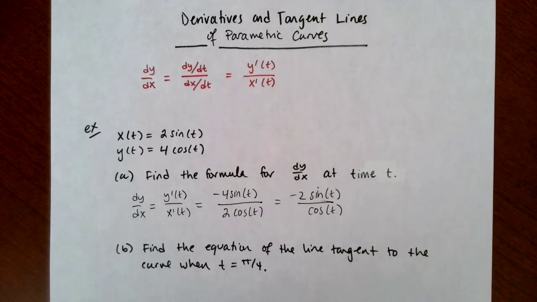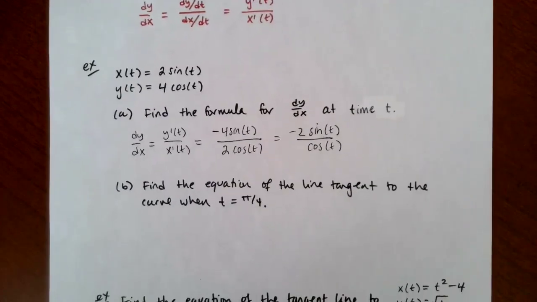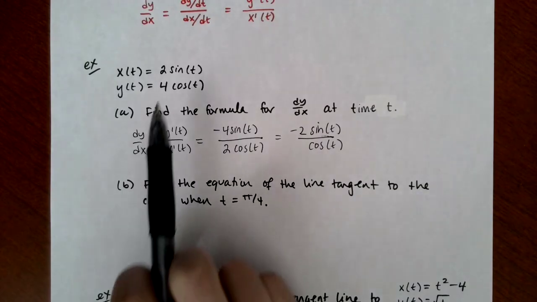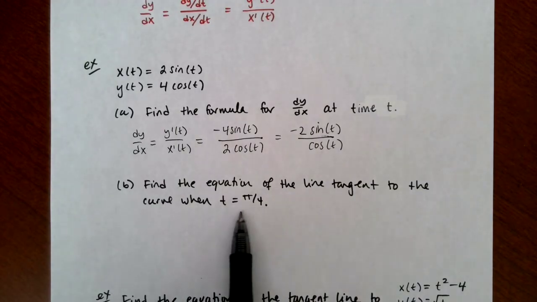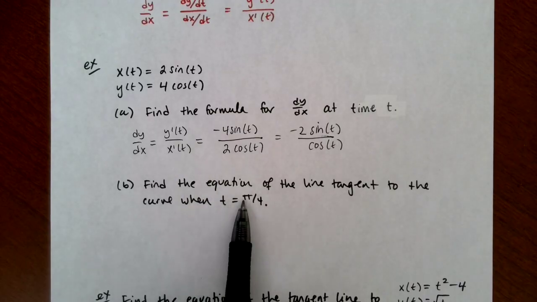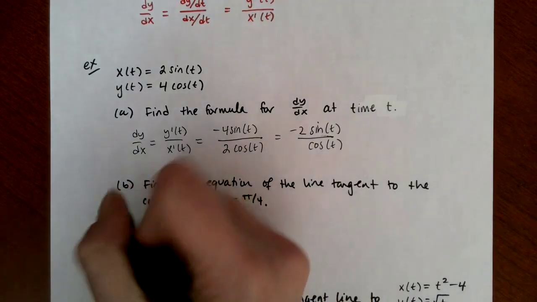Okay, so we're going to use this to answer part B, which asks us to find the equation of the whole tangent line to this same curve at this time value pi over 4. So to get the slope of our tangent line, we're going to plug pi over 4 into this dy/dx.